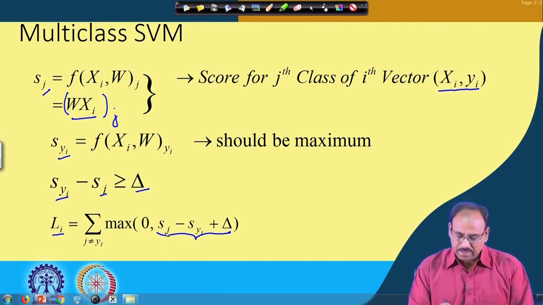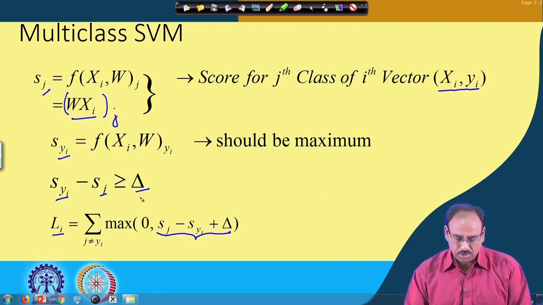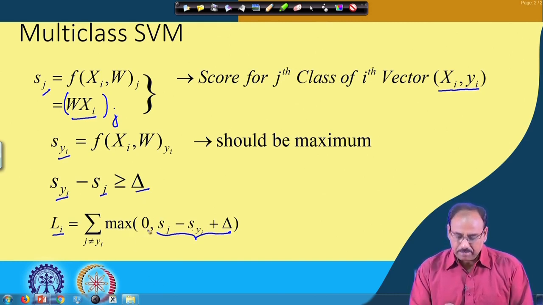Whereas, if s j is equal to s y i, then this function will be equal to delta, and if s j is greater than s y i, this function will be greater than delta, where delta is a positive threshold. So, in that case, when you take max of 0 and this, the output will be this only if it is greater than 0.